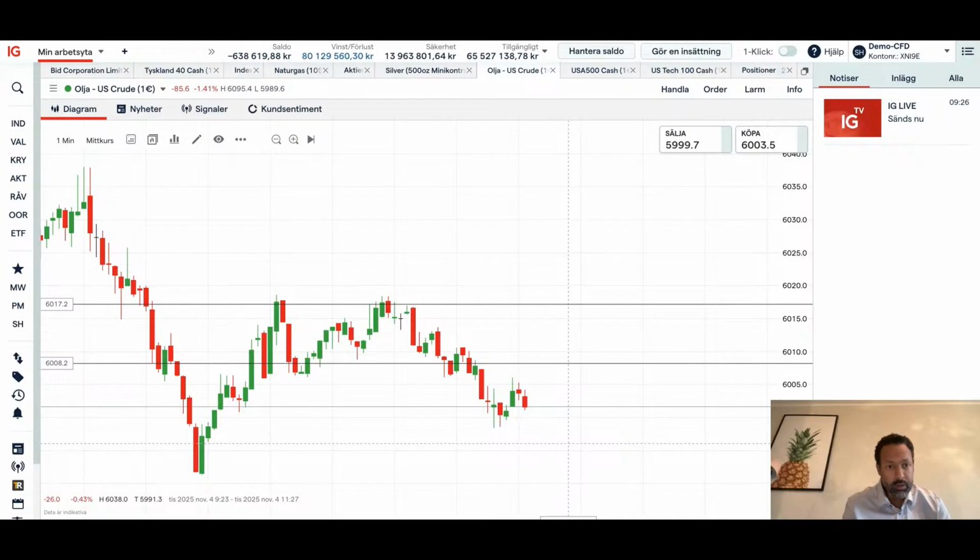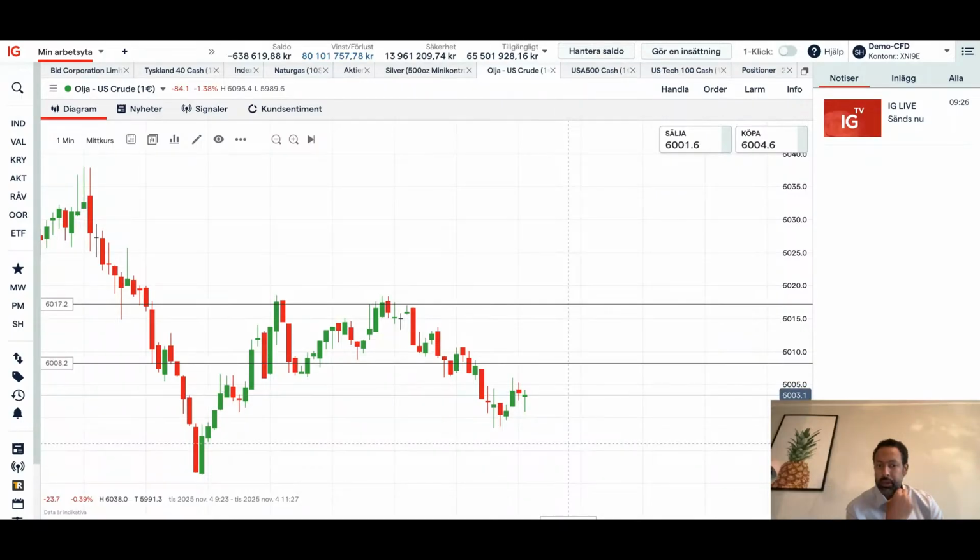Let's take the short, because it's crude. See if it breaks. Move the stop forward. No, we stopped out. So we stopped out at minus 0.1% there. Let's see if it comes back up then, or if it's going to do a double bottom all the way down.